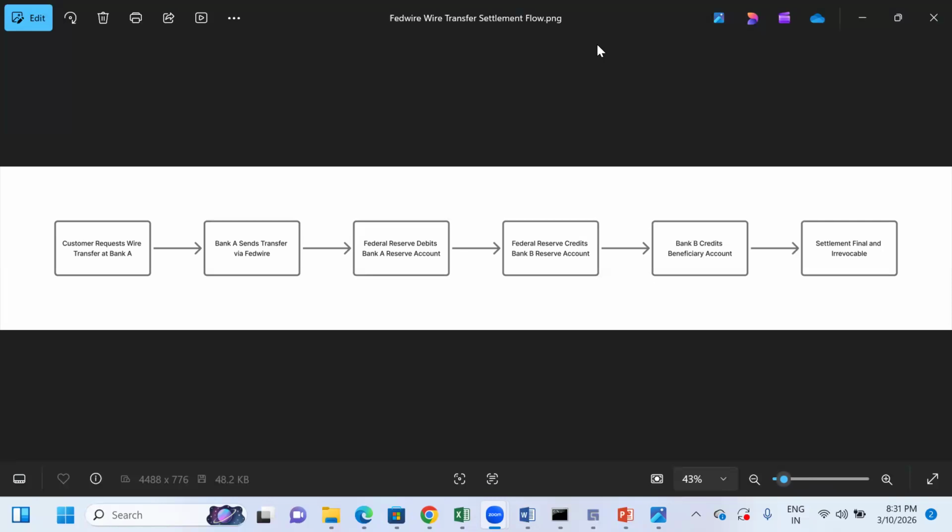An RTGS system which is operated by the Federal Reserve Banks to provide immediate or final settlements for high value payments.